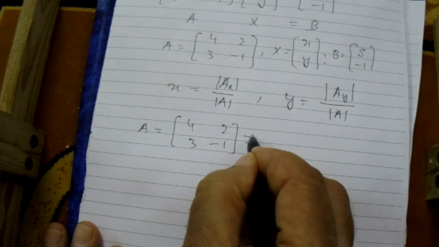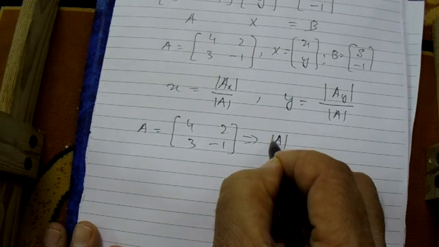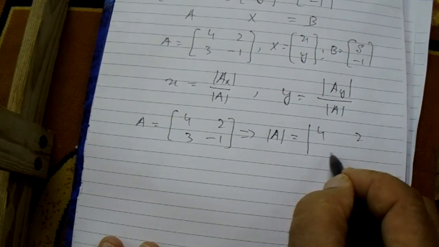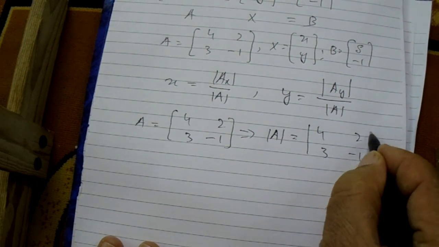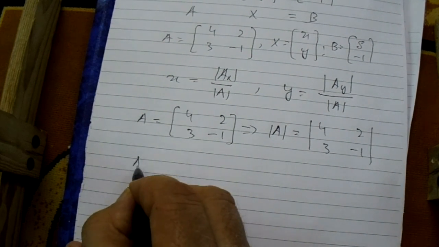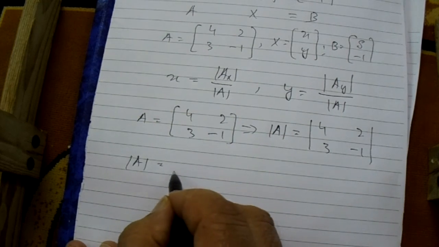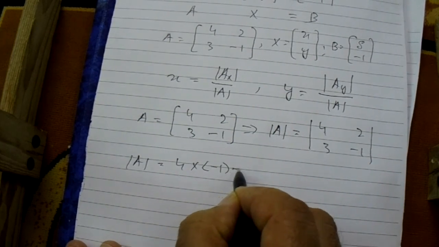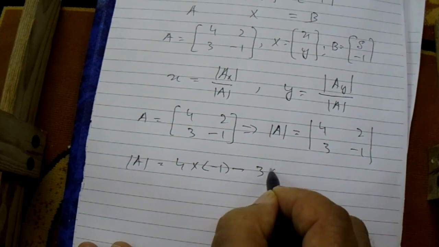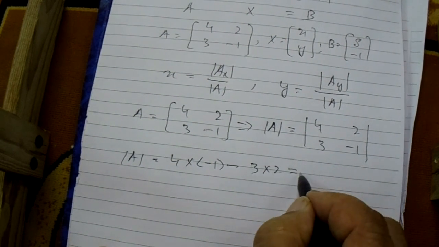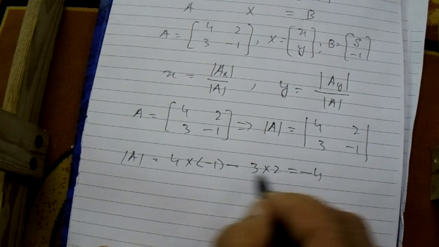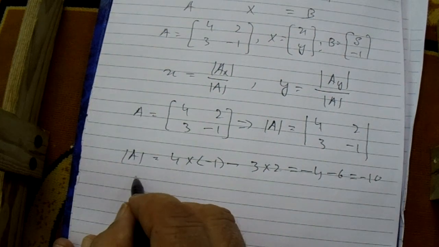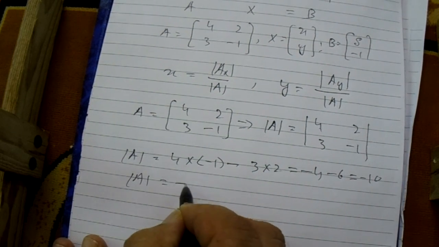Now determinant A is equal to 4 multiplied by -1, minus 3 multiplied by 2, which is -4 minus 6, equal to -10. Now determinant A is equal to -10.